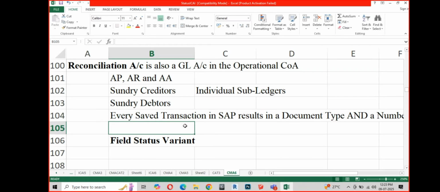So what could be the transaction? I gave you examples: asset capitalization, asset depreciation, asset scrap, asset disposal, profit on sale of assets, loss on sale of assets, customer invoice, sales invoice, customer receipt, customer credit memo. All these are the various transactions.